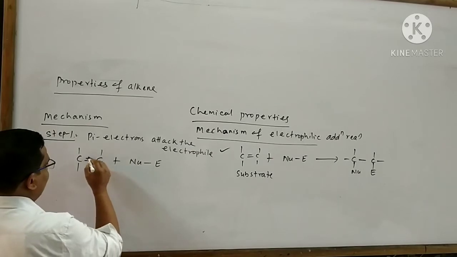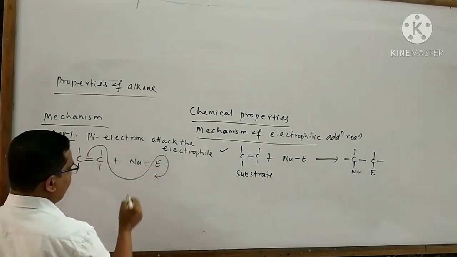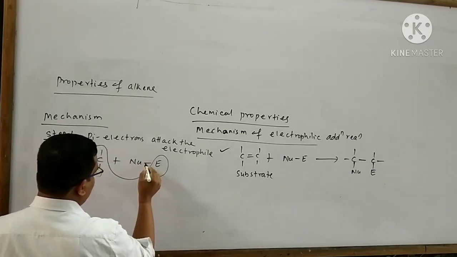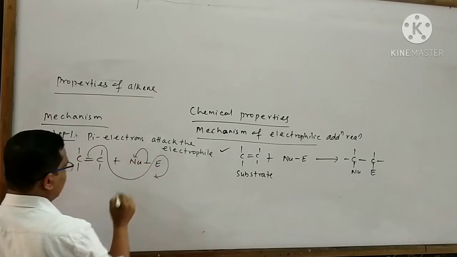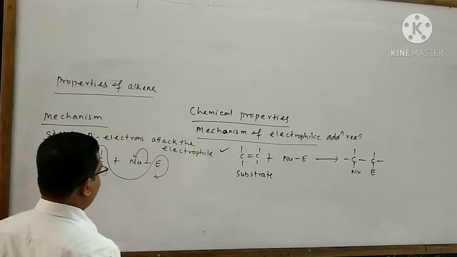I can draw the diagram like this. This pi electron is attracted to this electrophile.